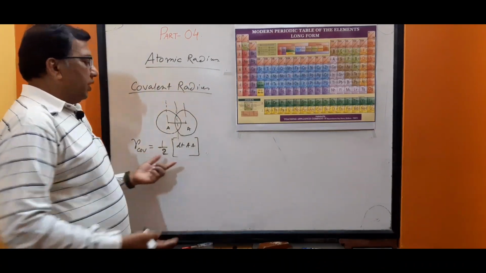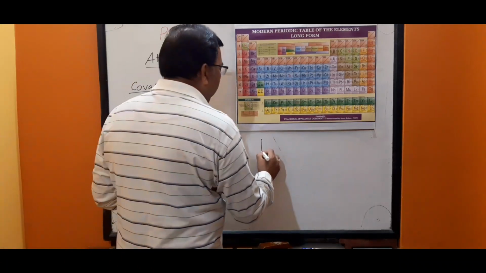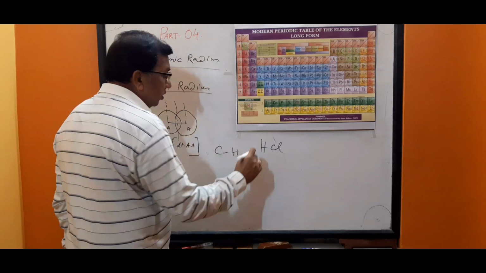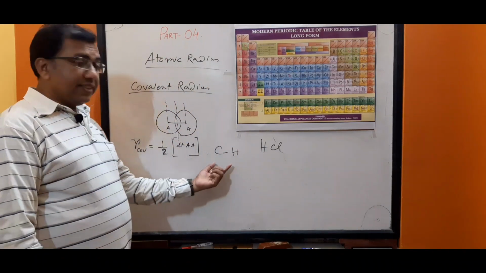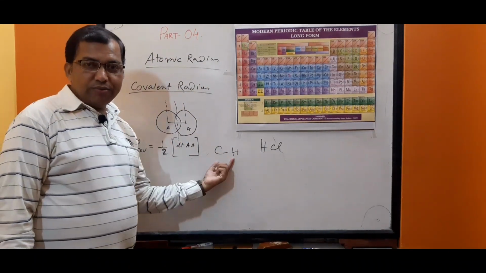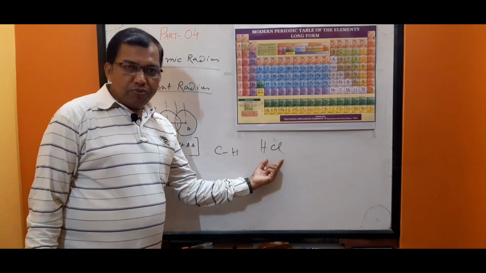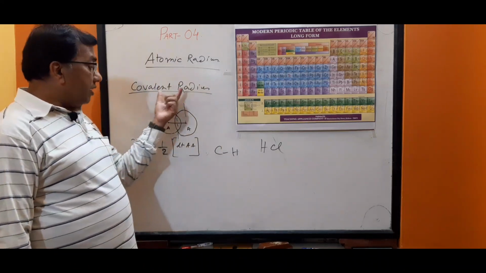If in case of dissimilar atoms, suppose hydrogen and chlorine, suppose carbon and hydrogen, what will happen? In that case, they are different atoms, so what will be the covalent radius?